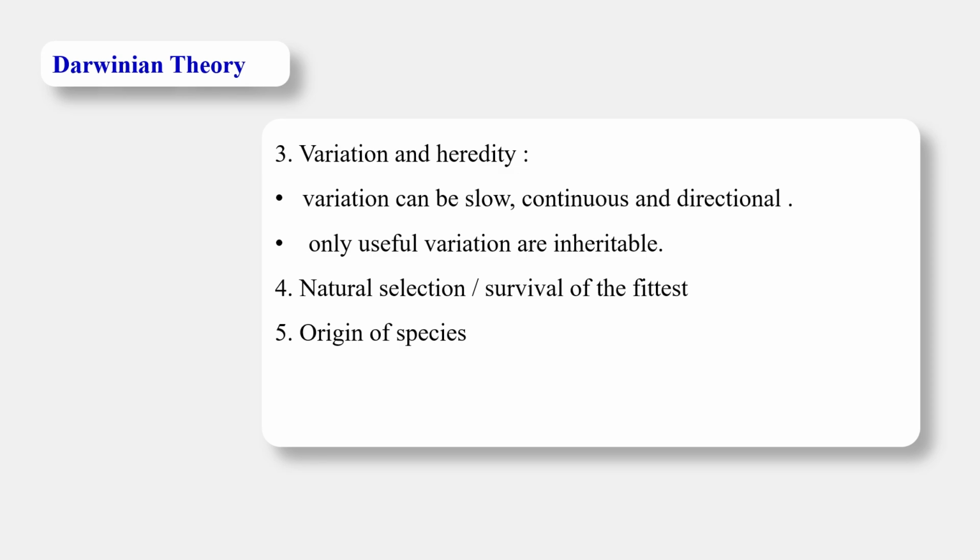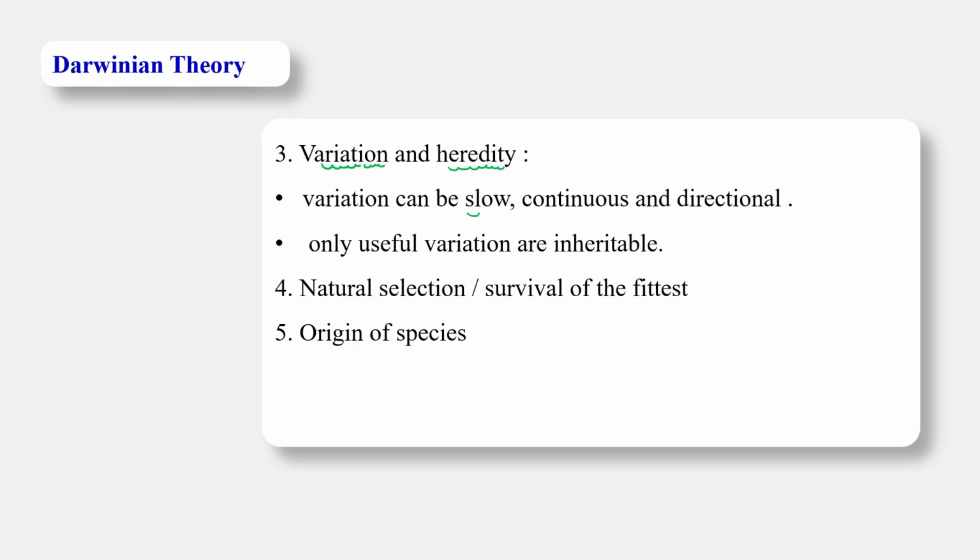And the third thing which was suggested by Darwin is variation and heredity. Third is variation and heredity. And according to Darwin, variation is a slow process.